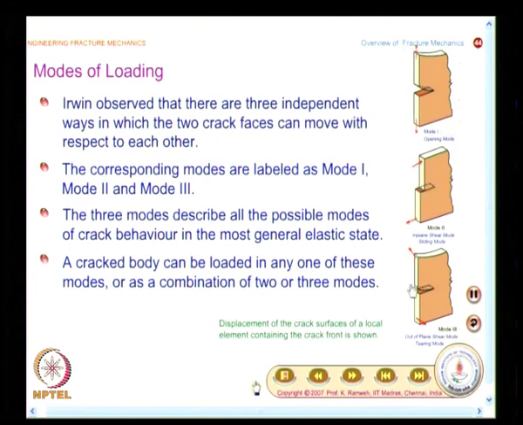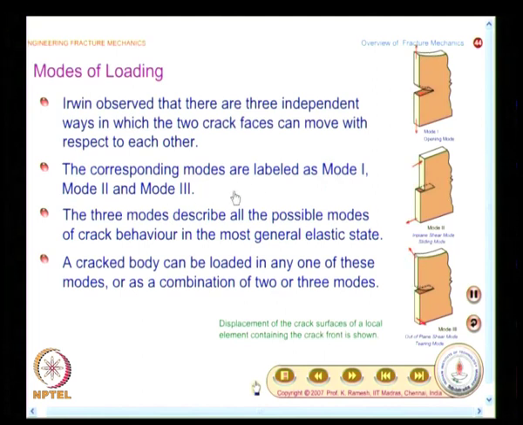You do not have to write these animations currently, we would see each one of these modes, you write only these points. The corresponding modes are labeled as mode 1, mode 2 and mode 3. There could be 3 independent ways in which the 2 crack faces can move, and these are labeled as mode 1, mode 2 and mode 3.